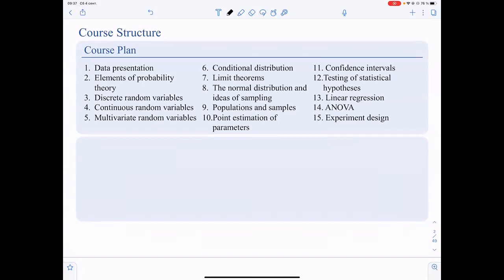This course is going to be more data oriented, although we are going to start with the basic definitions and then we will pass through. So speaking of the course plan and the course structure, I would like to highlight the following. The course might be split into two parts. The first part is called probability theory.